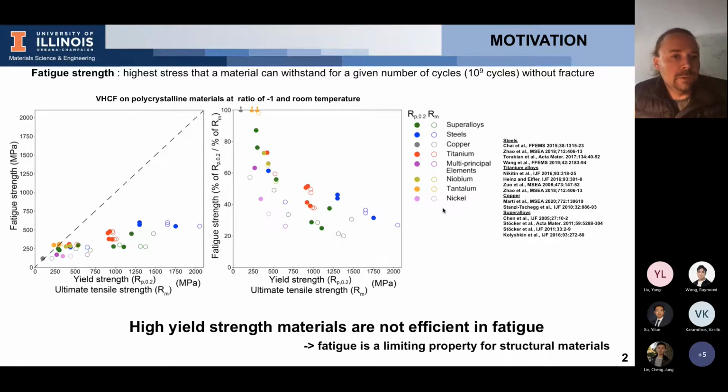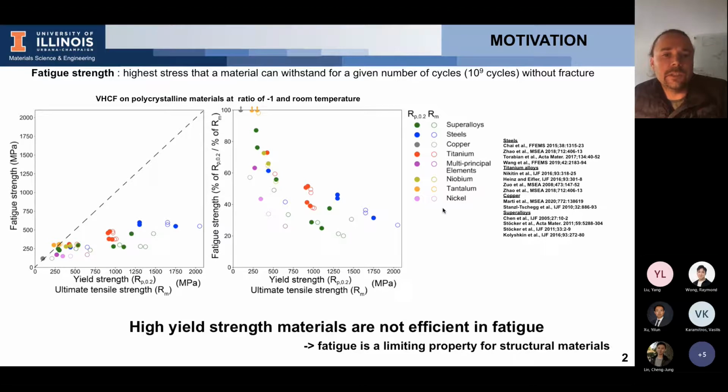As you can see, you have this relationship between fatigue strengths and yield strengths or ultimate tensile strengths. For materials that display very high yield strengths, fatigue strengths increase. There is another way to present this kind of data, which is what I am doing in the middle plot, where I present the fatigue strengths as a function of the yield strengths and ultimate tensile strengths again.